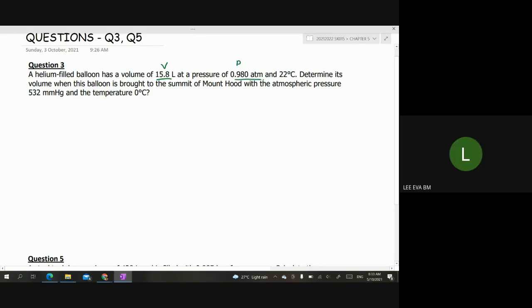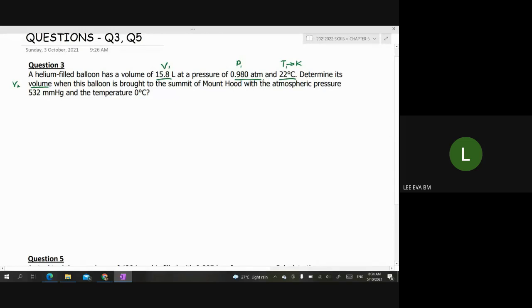Pressure is already in ATM, nothing you can do. And then temperature, it should change into Kelvin. Okay, and then after that, what you want to find? V2. So interpret dulu sebab ada dua volume, so kita put abbreviation first.